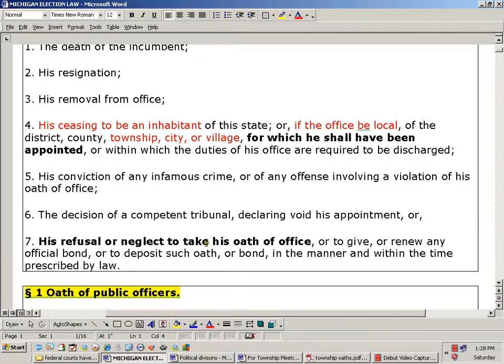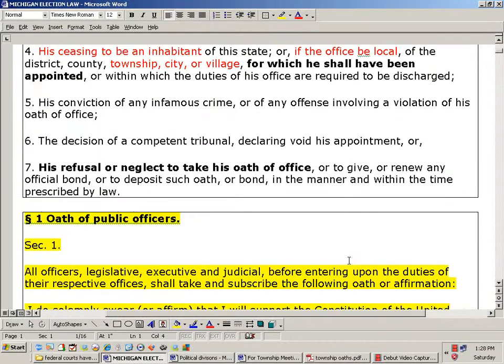Another one is his refusal or neglect to take his oath of office. And it was an earlier one that says the oath of office, this comes out of the 1963 Constitution, Oath of Public Officers, Section 1, where it says, all officers, legislative, executive, and judicial, before entering upon the duties of their respective office, shall take and subscribe the following oath or affirmation.